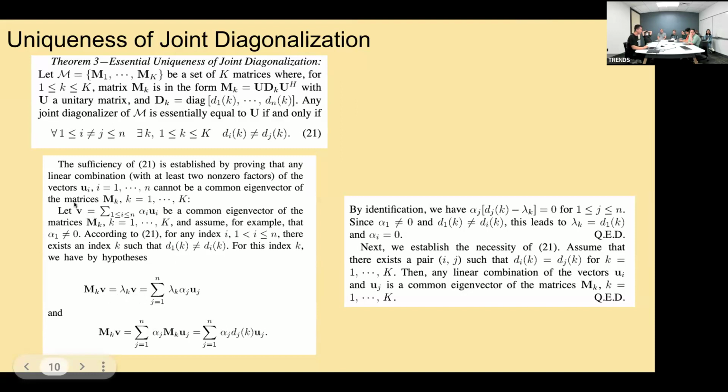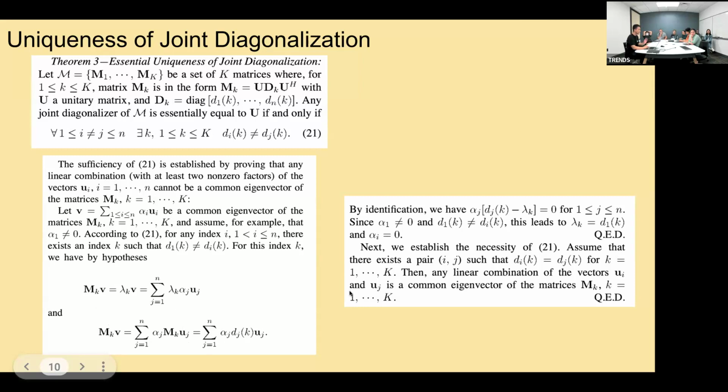Because V can be represented as a linear combination of these rows, it can also be represented as the summation of this part. And V can also be represented as AJ times UJ, so based on the summation it will also equal the common eigenvector times the eigenvalues here.